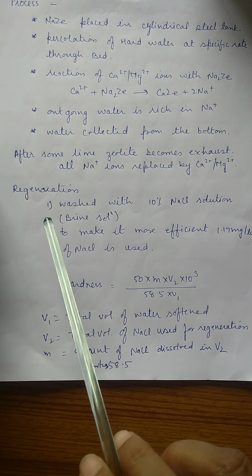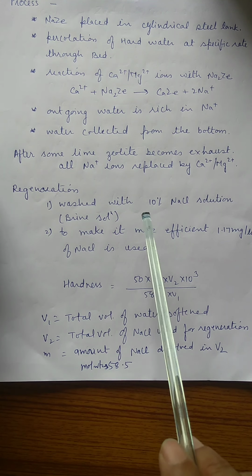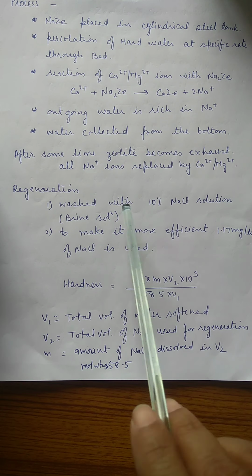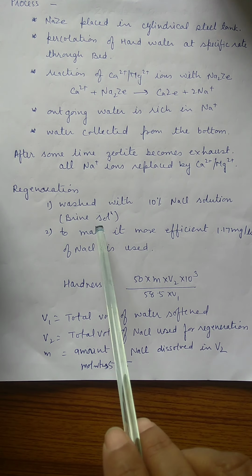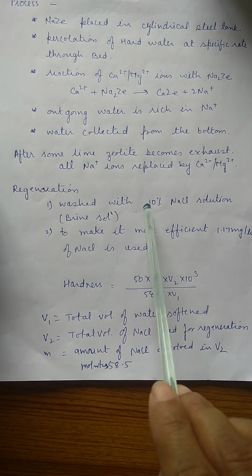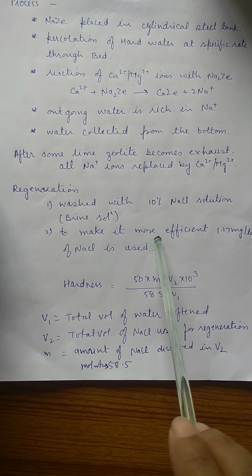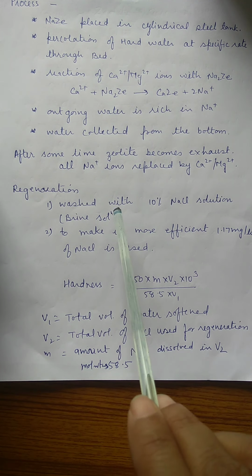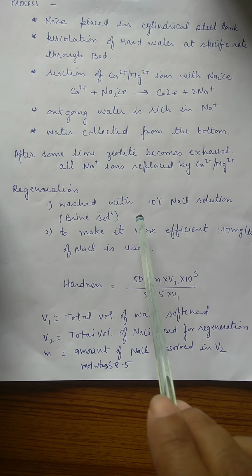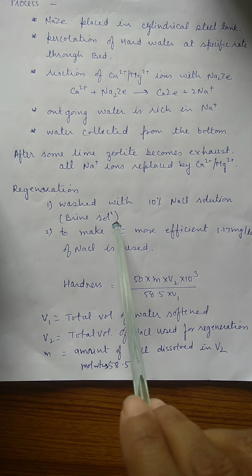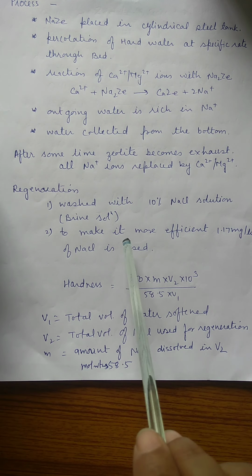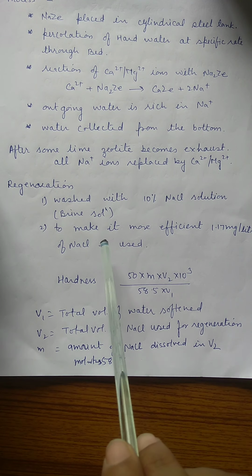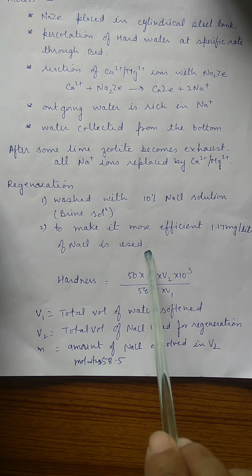To regenerate, it is washed with NaCl solution, which is known as brine solution. The brine solution passes through the calcium magnesium zeolite, and all the calcium and magnesium ions are replaced by the sodium ions of the brine solution. To make it more efficient, 1.17 milligram per liter of NaCl is used.